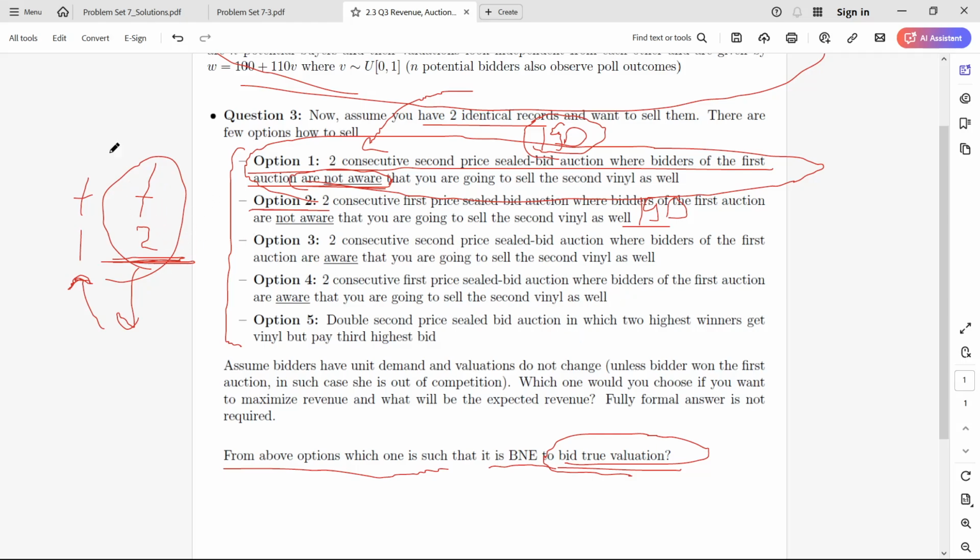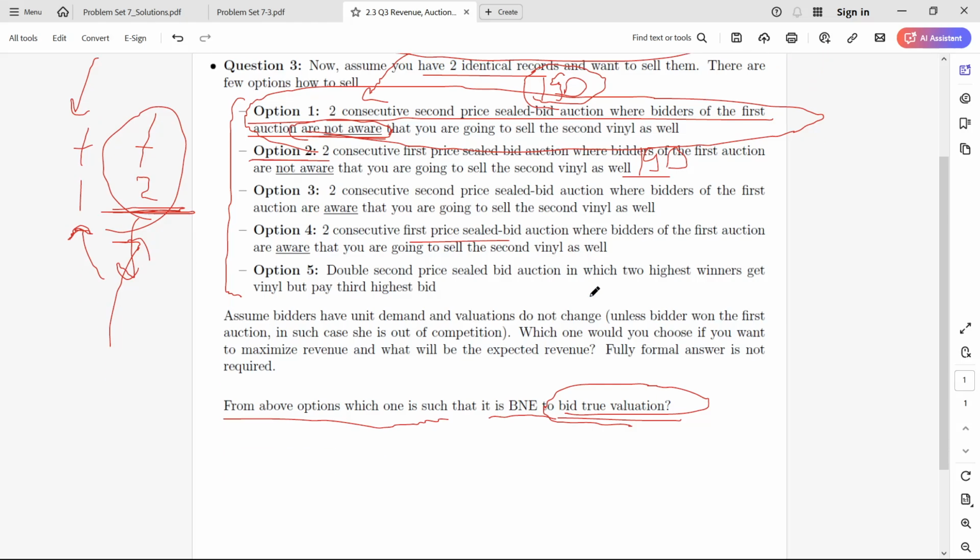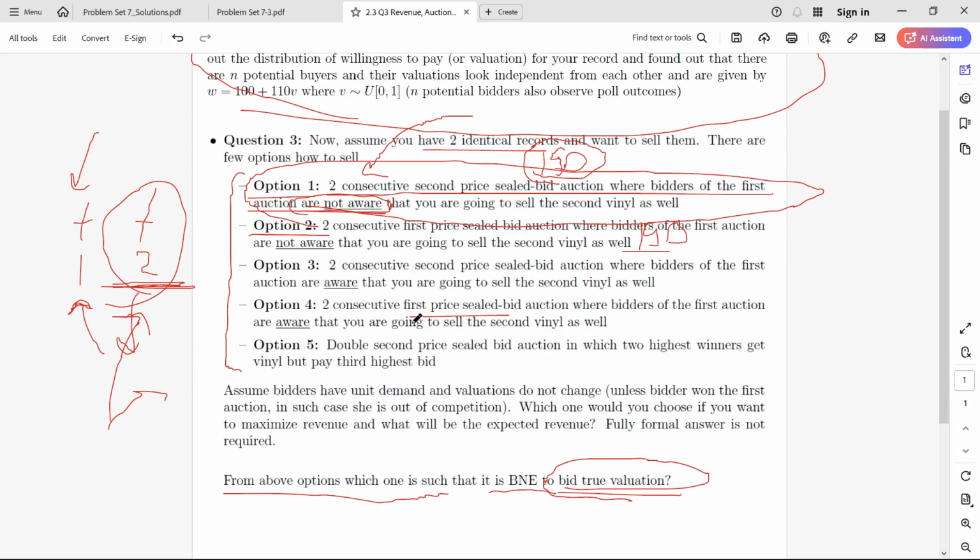So in this case, in the first period, I think they will not bid the true value, and in the second period, they will bid their true value. In case of option 4, it's first price sealed bid auctions. Again, I think in the first period they undervalue, in the second period they use the strategy that's optimal in the first price sealed one.